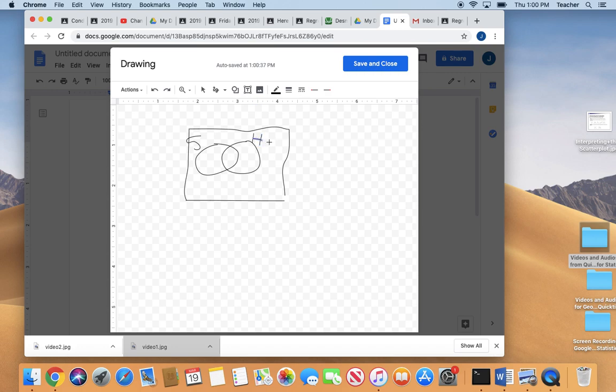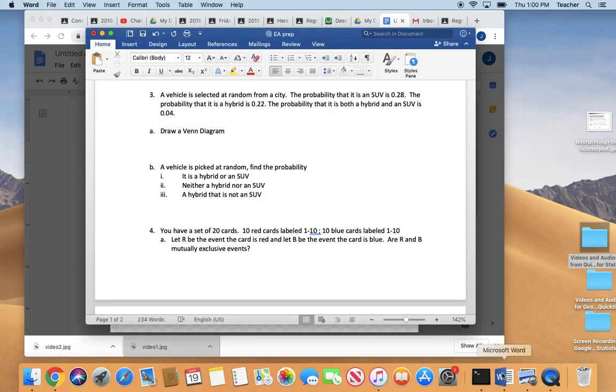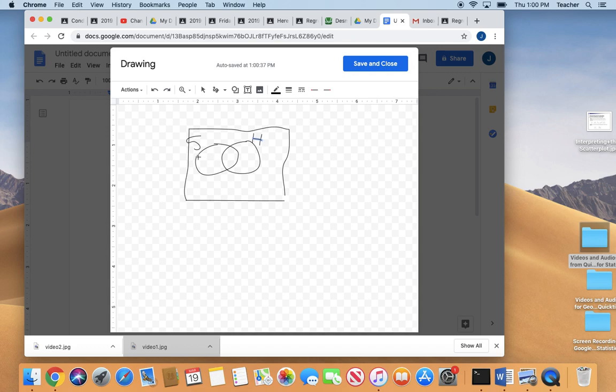The one thing that I want to make sure that I do not do is, if I go back and look at this, it says the probability that it is an SUV is 0.28. The most common mistake is to come in here for S and put 0.28 right here. But that would be wrong for this reason.